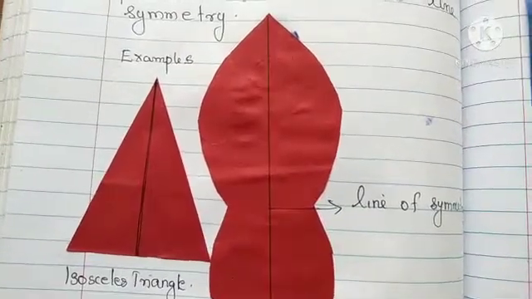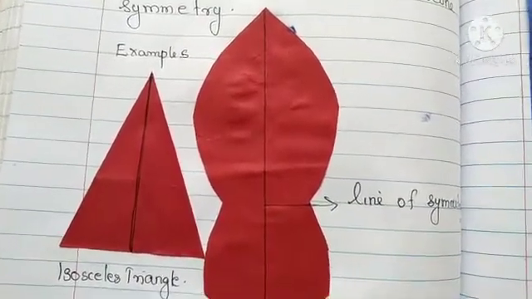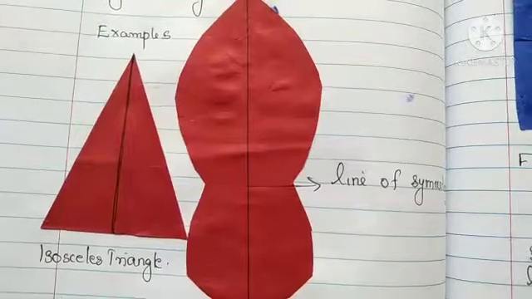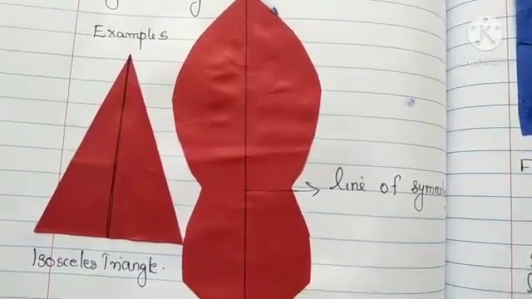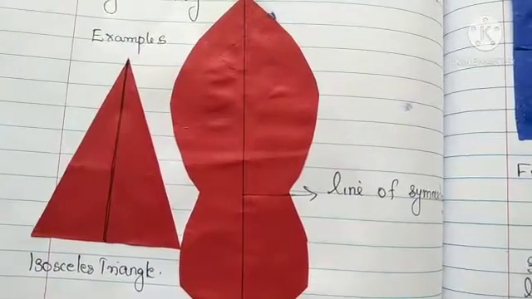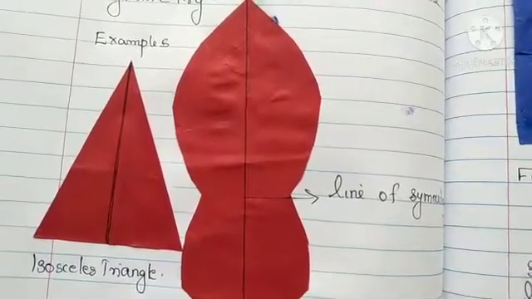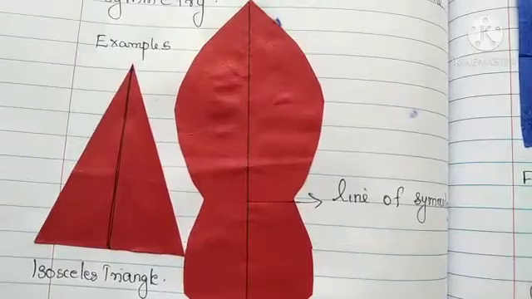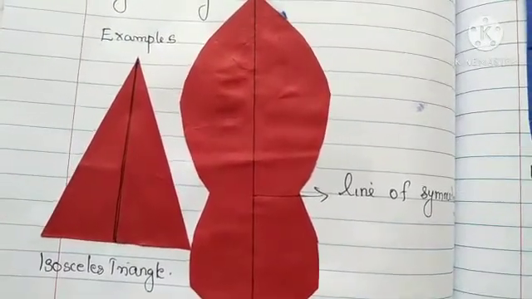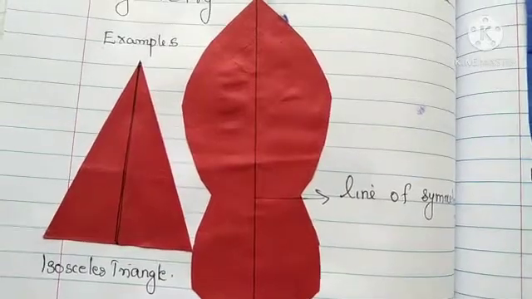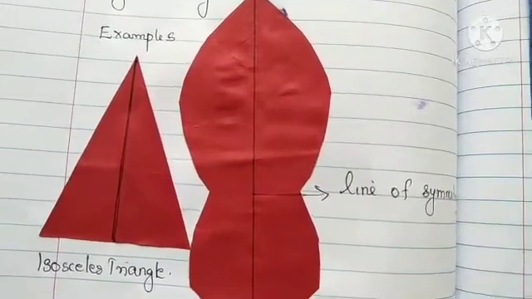The first one is an isosceles triangle and the second one is another figure. In these figures you can see one line of symmetry. The line at which the figure is folded and we get exactly two halves is called the line of symmetry. So the line I drew here is the line of symmetry in these two figures.